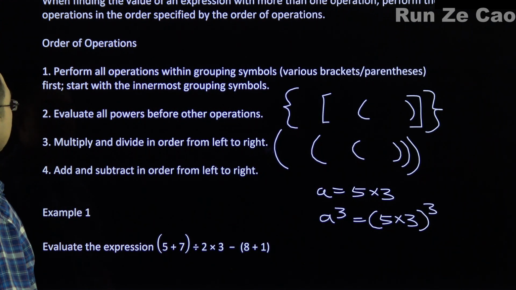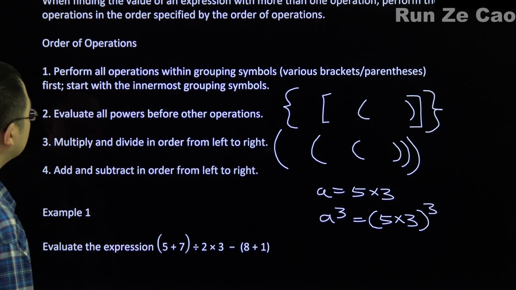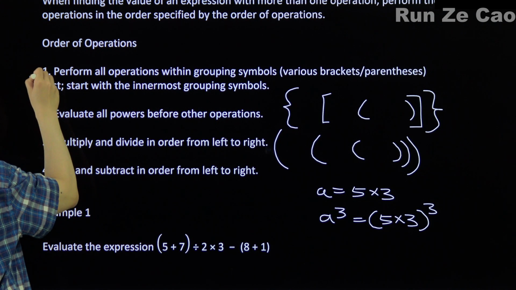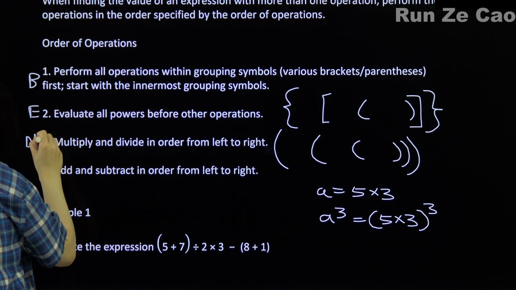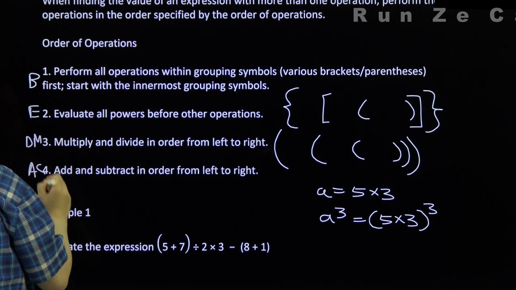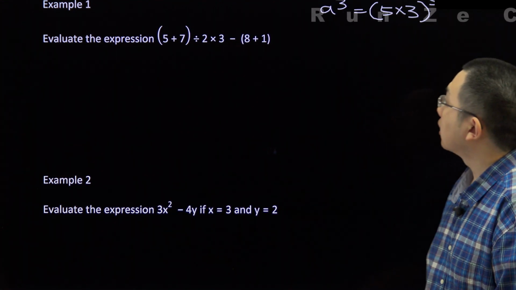So there are many different acronyms that have been coined over the years for this order. The one that I'm most familiar with is BADMAS. So let's evaluate this expression here.